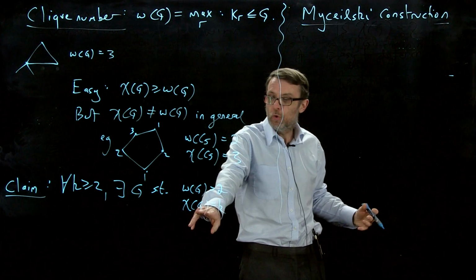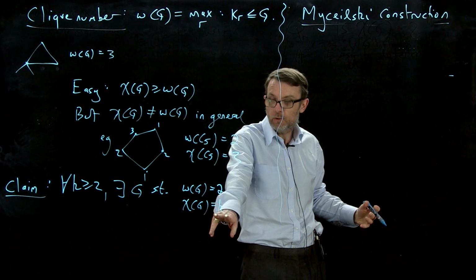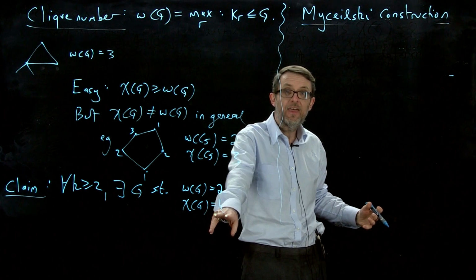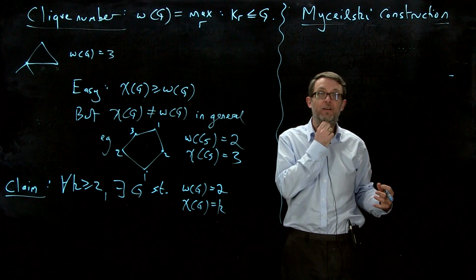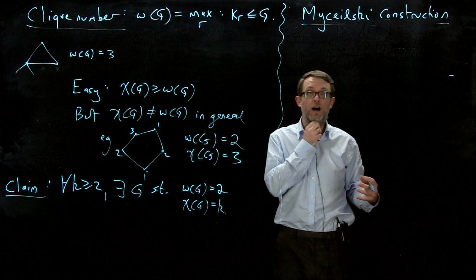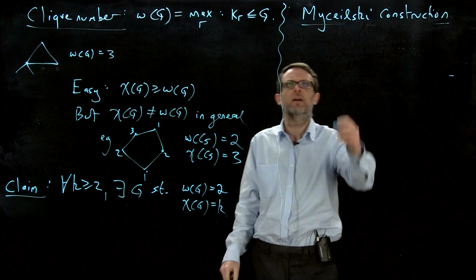And if you feed into the Mycielski construction a graph which has chromatic number k, then what comes out has chromatic number k plus 1. So it's a way of increasing the chromatic number without increasing the clique number.